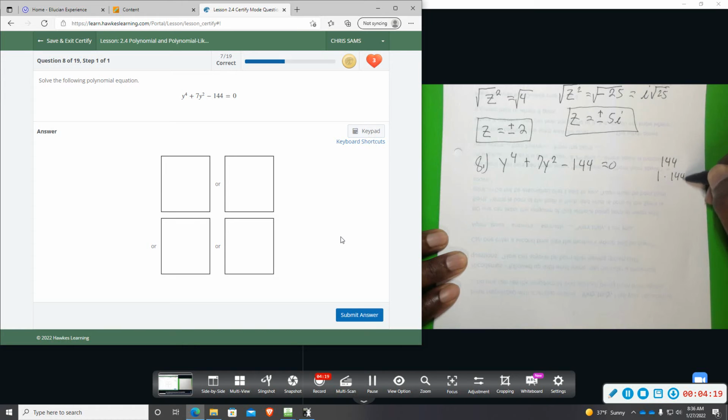1 and 144, 2 and 72, 3 goes into 144 48 times. 4 goes in there 36 times. 6, 24. 8, 18.